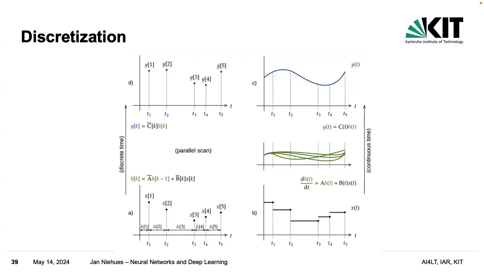If you're doing that, on the one hand you have your t input here, your continuous signal, and on the discrete side we are doing the same thing in the discrete approximation. What we can do there is again apply our parallel scan to efficiently calculate that. So what we have to do now is first have one parameter more, which is important here: your delta t, which measures the distance between your points. If you think of words, you're assuming your words don't have equal distance if you put them in a continuous space, but some are further apart and some are nearer to each other.